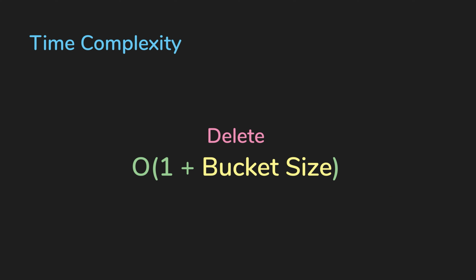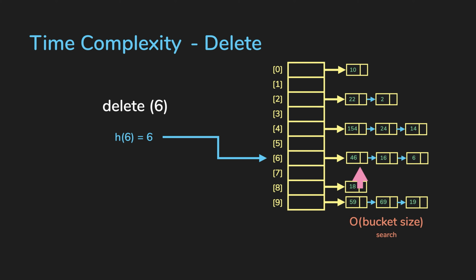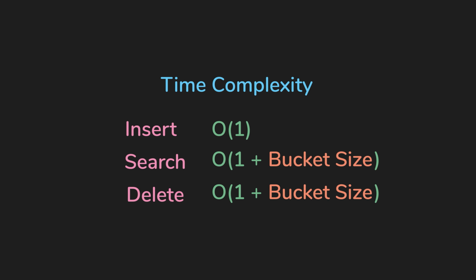Delete is also O(1) plus size of the bucket because you'll have to search the bucket, then delete the linked list node. Deleting the linked list node is an O(1) operation, as we saw in the linked list module.